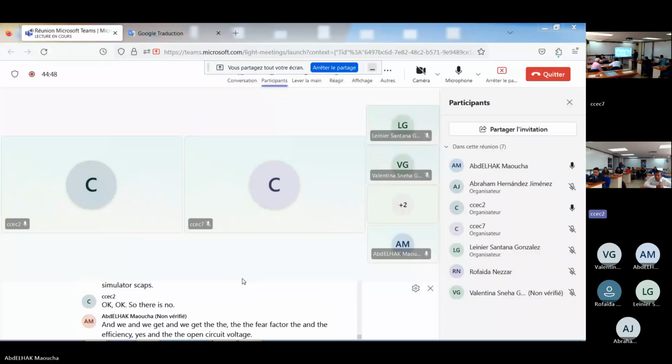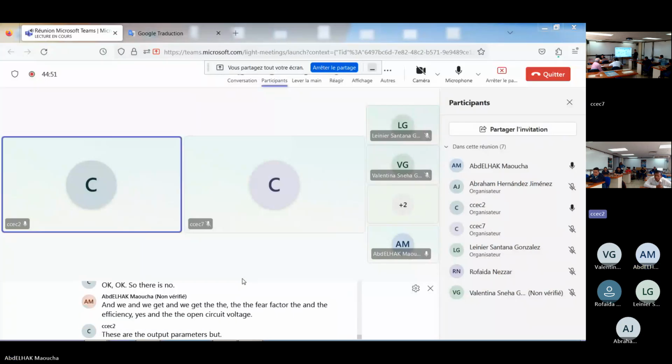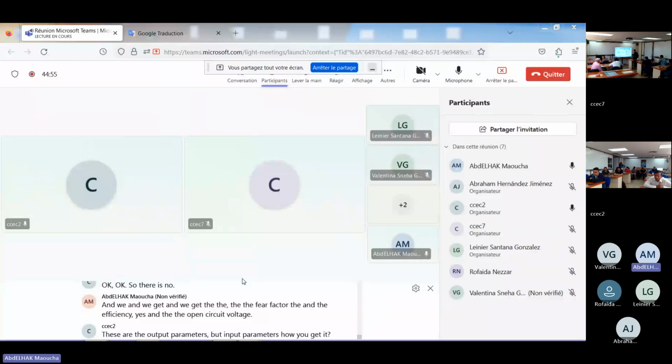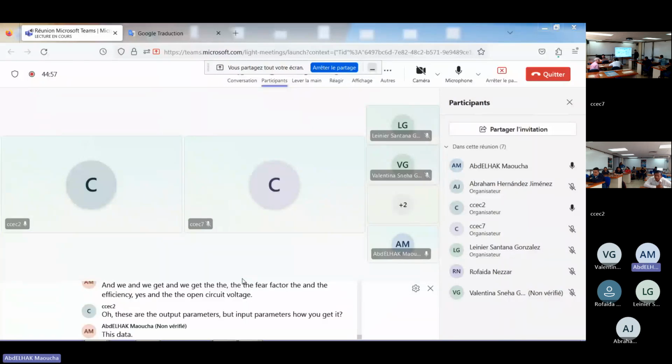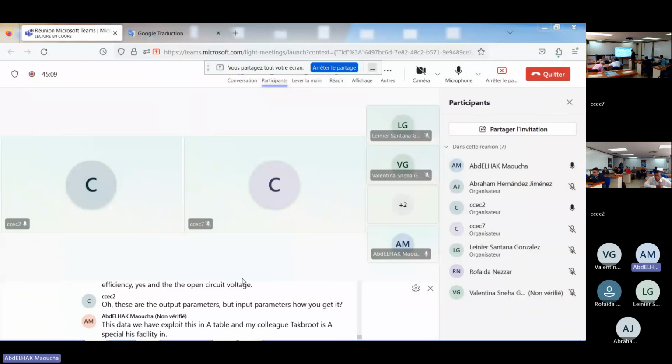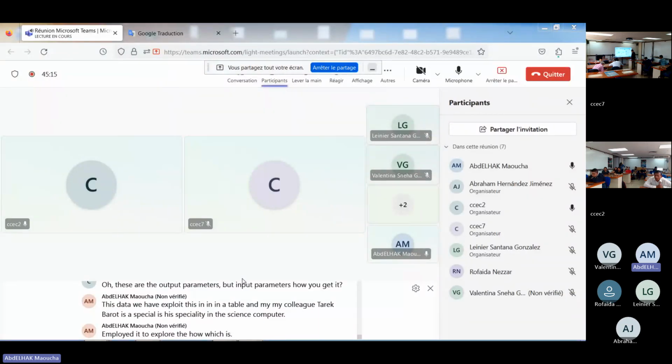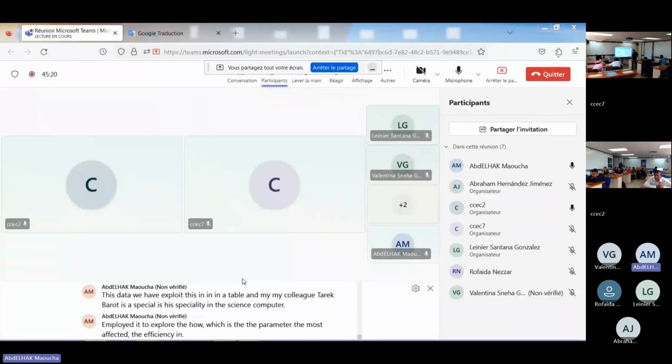No, these are the output parameters, but input parameters, how do you get them? This data we have exploited in a table, and my colleague, whose specialty is computer science, employed it to explore which parameters most affected the efficiency.